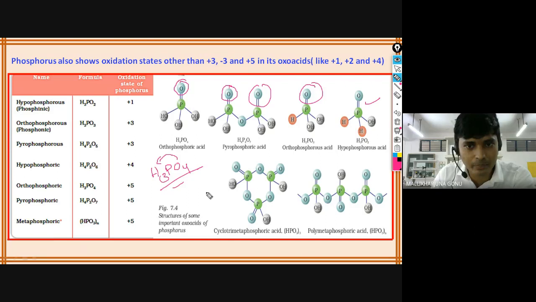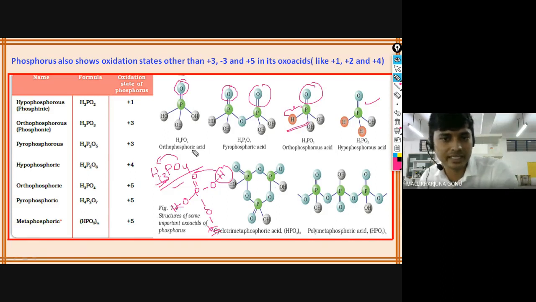In the case of H3PO4, first you write the double bond O. Now how many oxygens are left? If you take one oxygen, three oxygens are left. So three oxygens and three hydrogens are left. If oxygens are fewer and hydrogens are more, then you have to connect the hydrogen directly to the phosphorus. That's how you can write the structures.